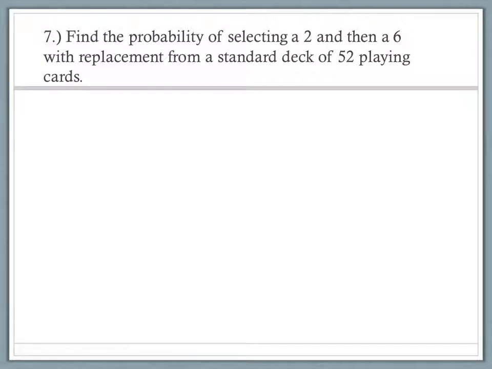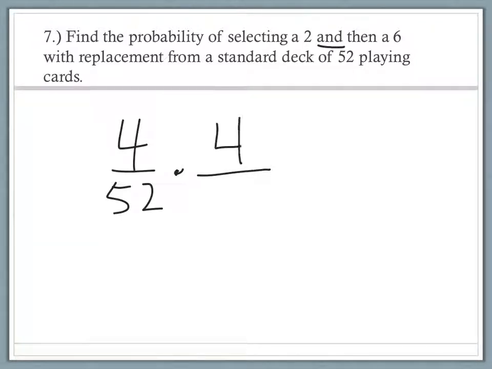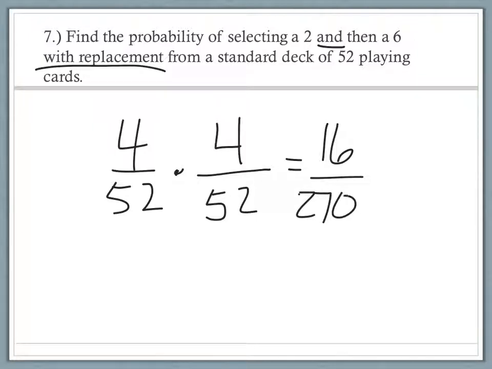Alright, now let's find the probability of selecting a 2 and then a 6 with replacement in a standard deck. So there's 4 out of 52 cards times, since it's an and, the keyword in there is and, 4 out of 52 again. There's 4 sixes, but it's with replacement, so I'm putting that card back in. I took the 2 and put it back in, so I still have 52 cards. So that's 16 over 52 times 52, which is 2,704.